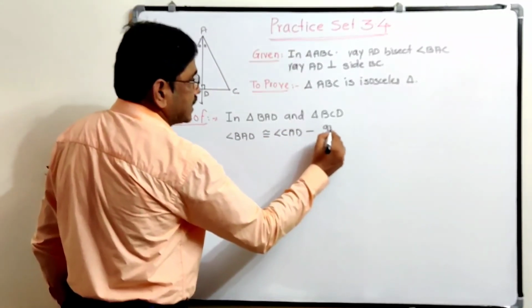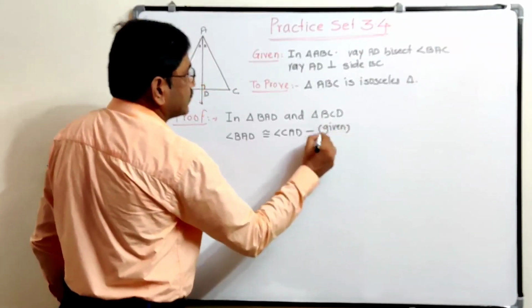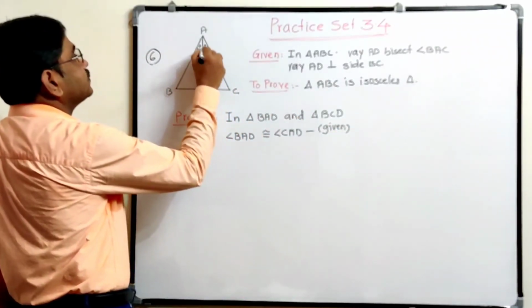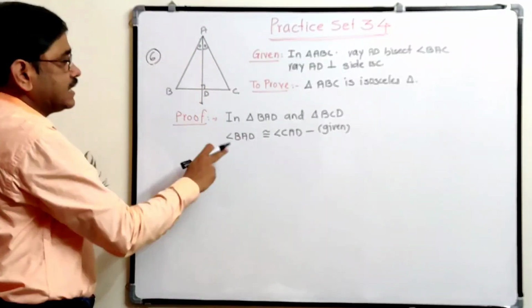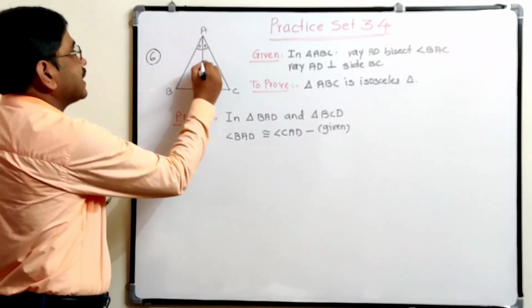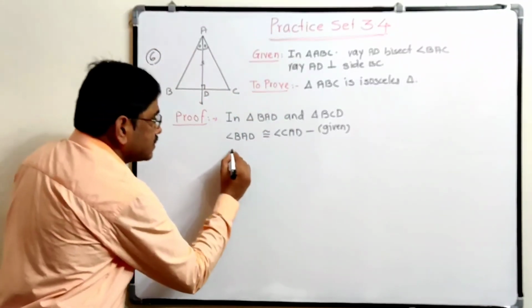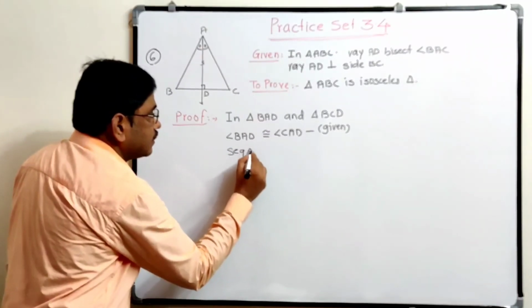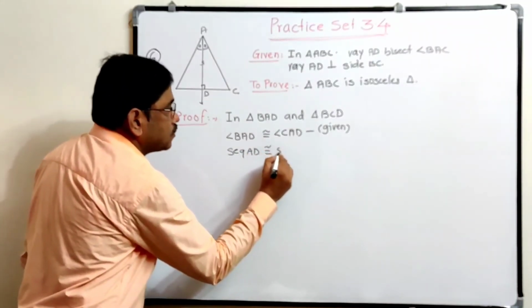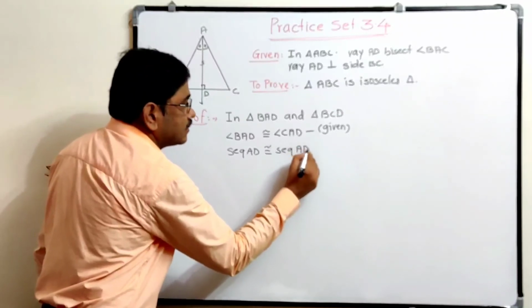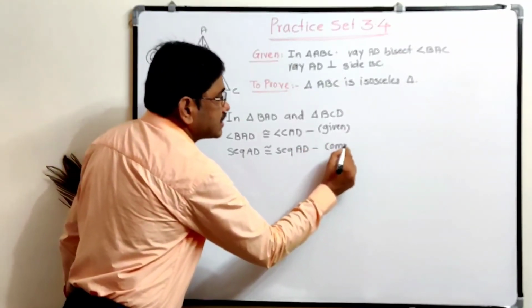That is given because it is the bisector. These two are congruent. Segment AD is congruent to segment AD, that is the common side.